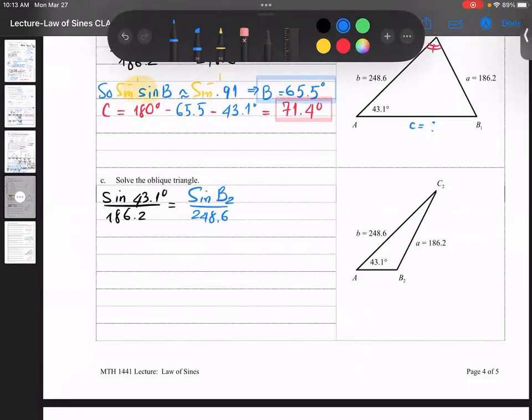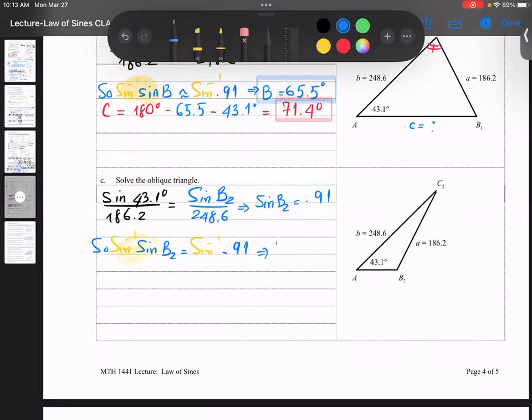And you solve for sin of B2, and it's going to give you roughly 0.91 again. Then you do sin inverse on both sides like we did in the first case, you cancel, and you solve for B.